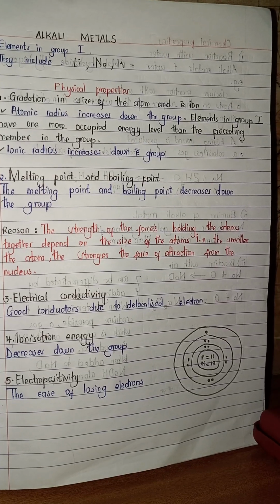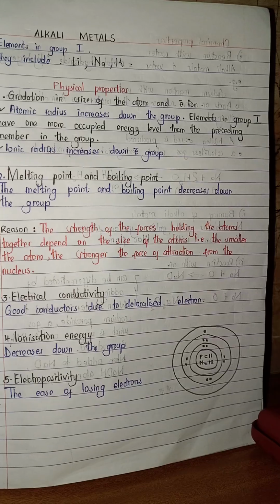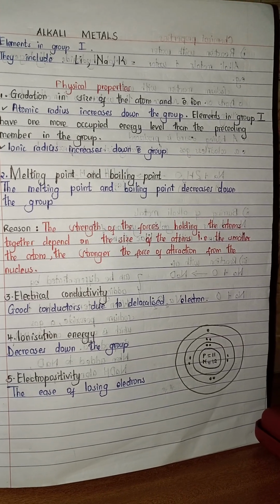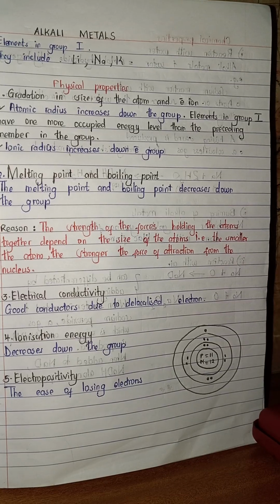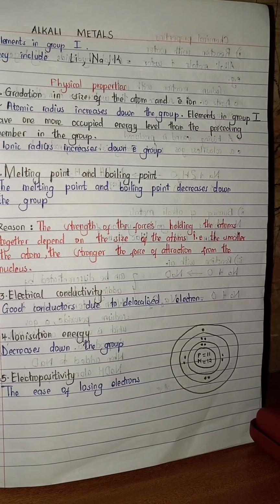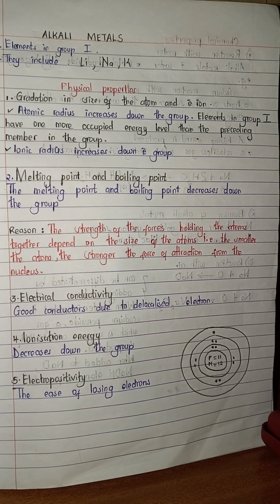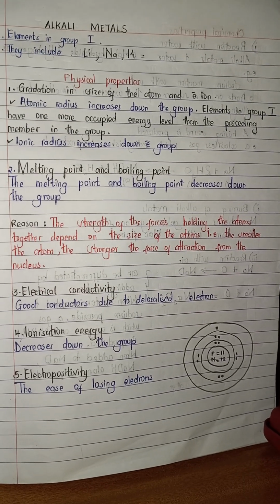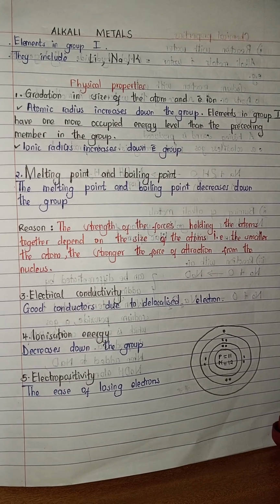For example, lithium has a stronger force of nuclear attraction compared to sodium and potassium, which means that lithium has a higher melting point and boiling point compared to sodium and potassium. And sodium has a higher melting point and boiling point compared to potassium. So the first one is lithium.